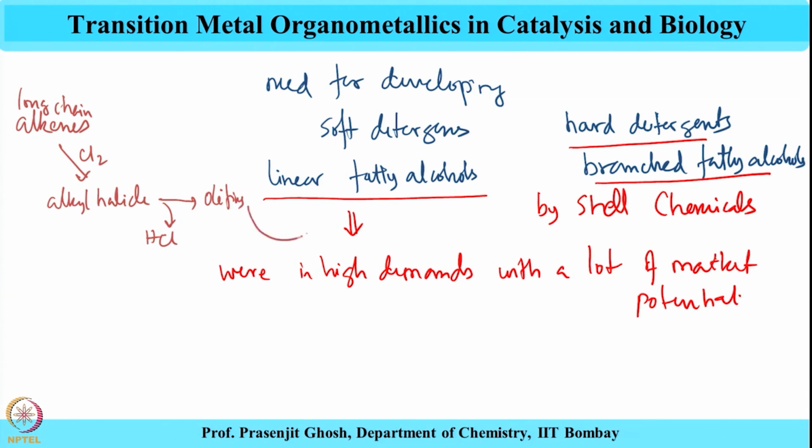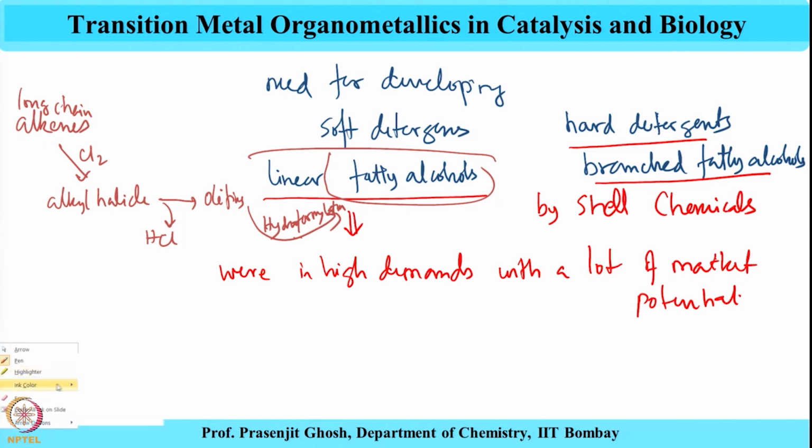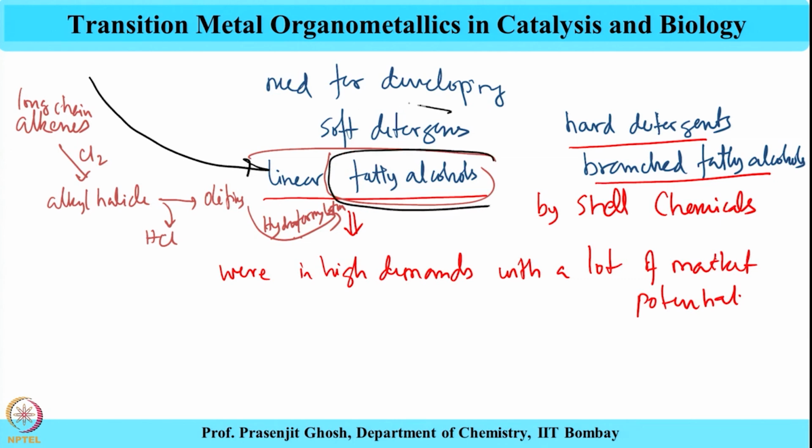Those olefins under hydroformylation and then subsequently a reduction would give these fatty alcohols, both linear and branched. That was the method at that point of time used for producing these soft and hard detergents, which were obtained from the fatty alcohols.